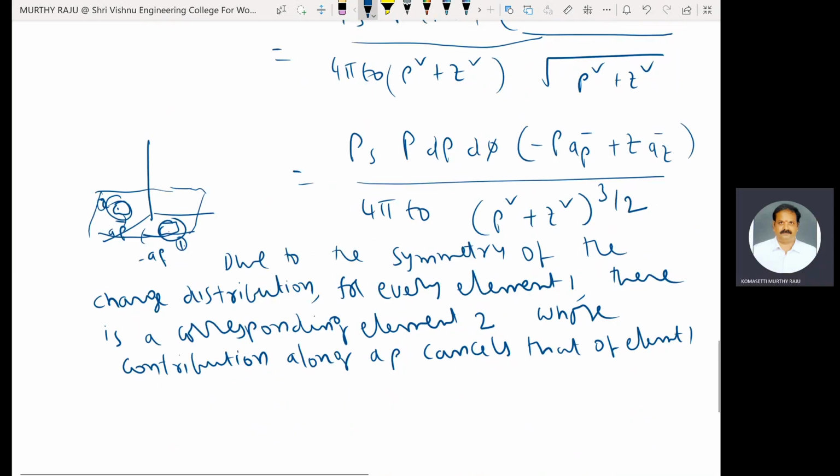Opposite to each other, these two cancel each other. Finally, the a_rho component value is 0.